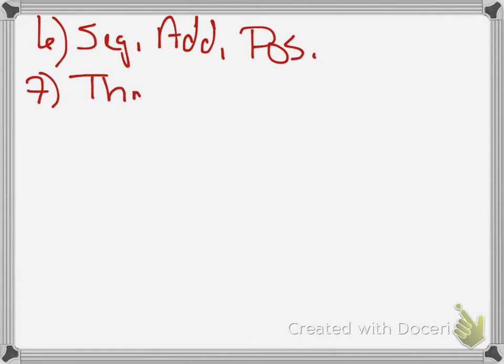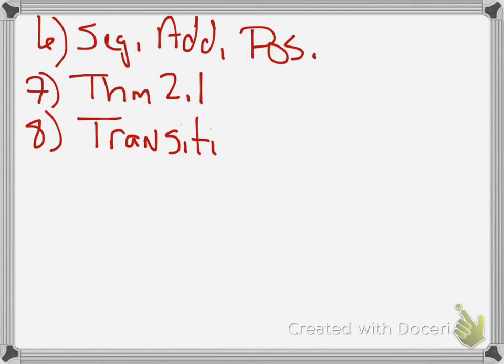That's theorem 2.1, the midpoint theorem. Number 8, A is congruent to B, B is congruent to C, then A is congruent to C. That again is the transitive property. You could say it's the transitive property of congruence, but just put transitive property and I'm good.